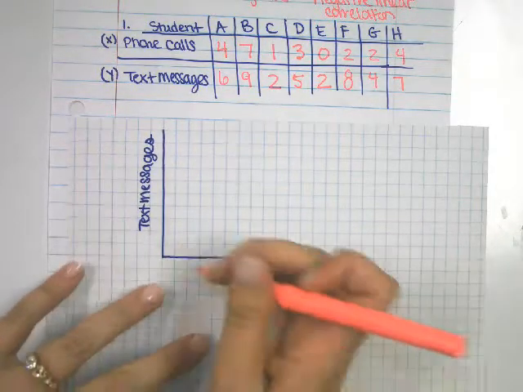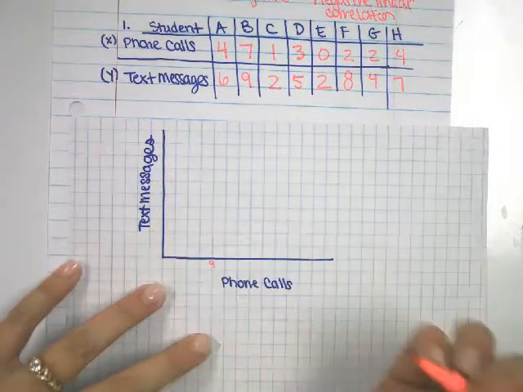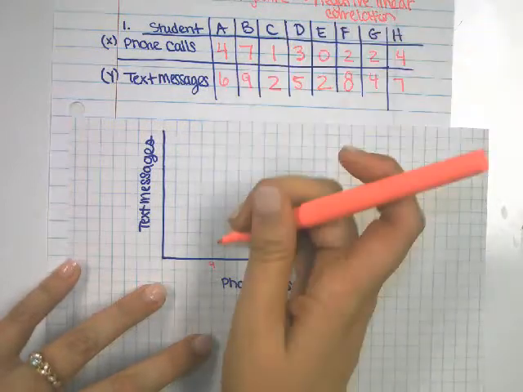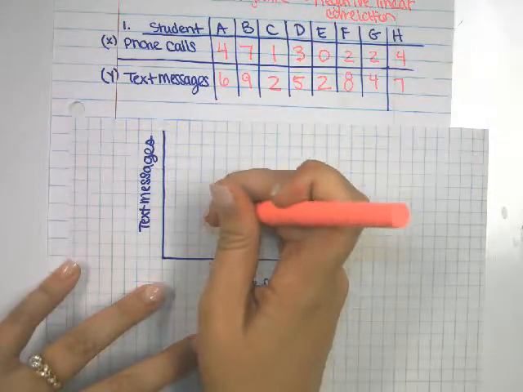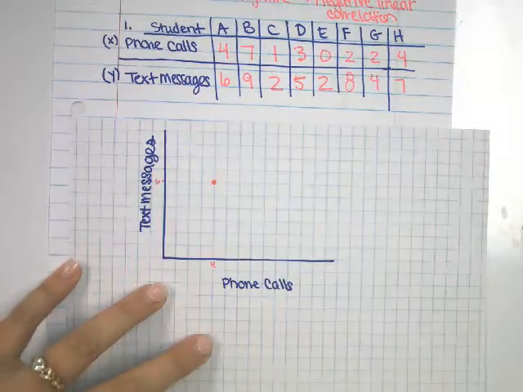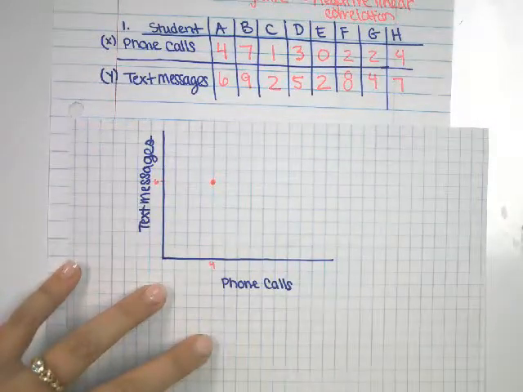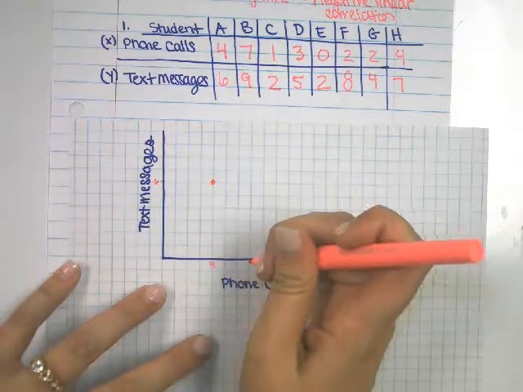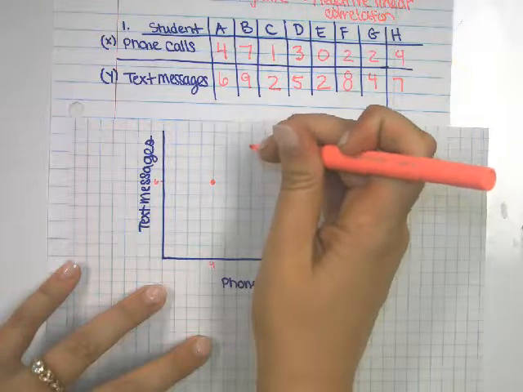So 4 phone calls. There's 4. That student A received 4 phone calls and 6 text messages. 4, 1, 2, 3, 4, 5, 6. There's their data point. Okay, so this is 6. Let's see, 7 and 9. 4, 5, 6, 7, with 6, 7, 8, 9.